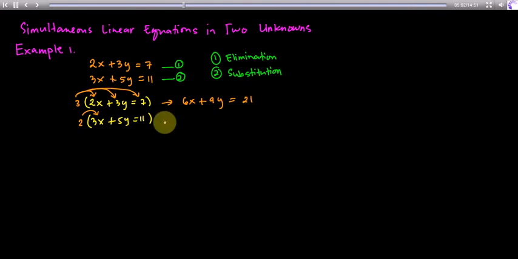And the next one, 2 times 3x is 6x, next 2 times 5y is plus 10y, and this is equal to 2 times 11 is 22.